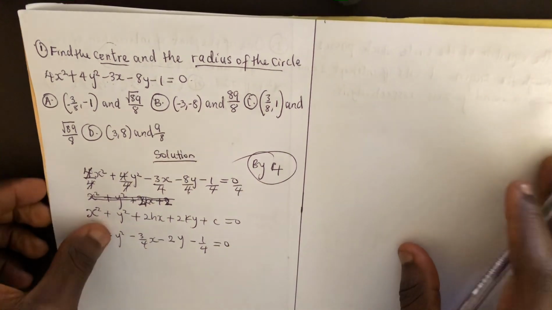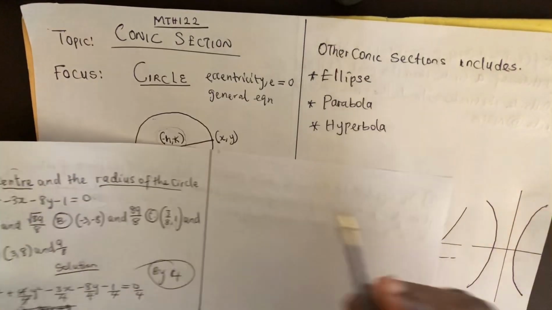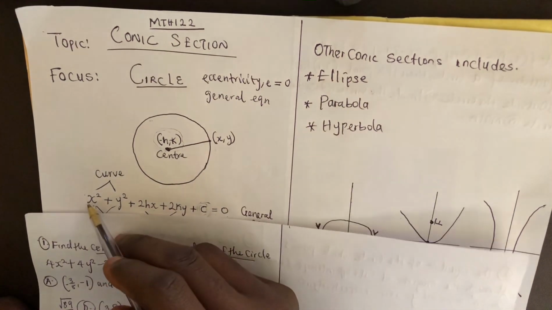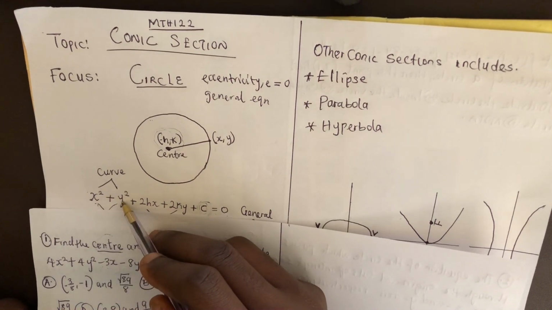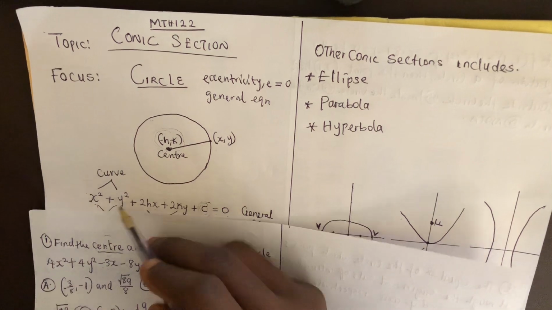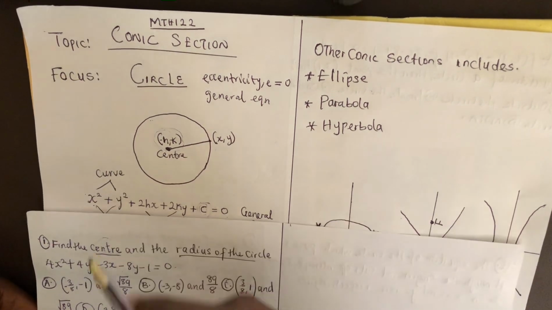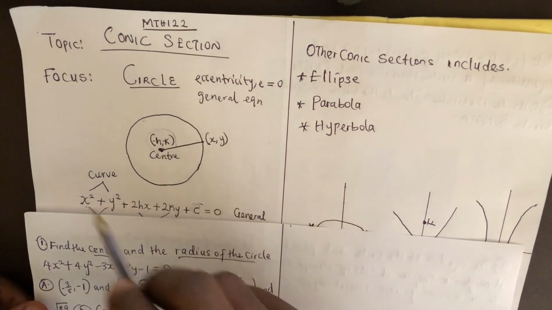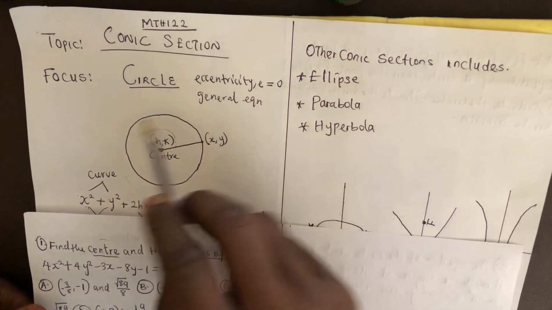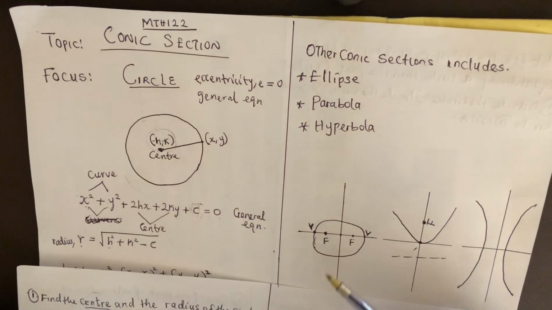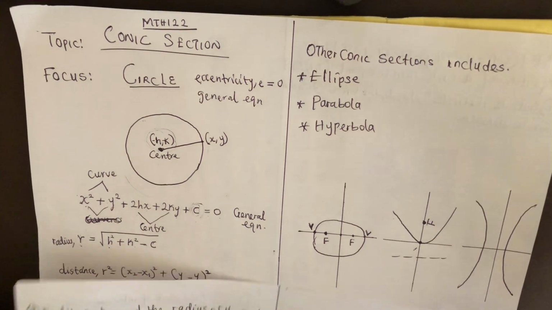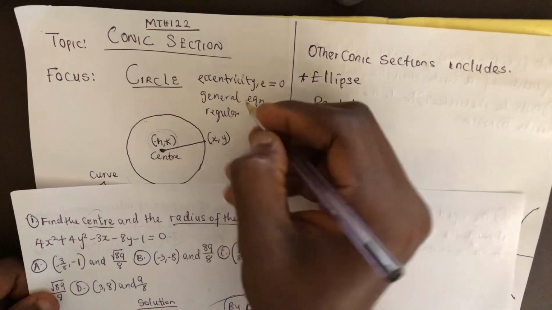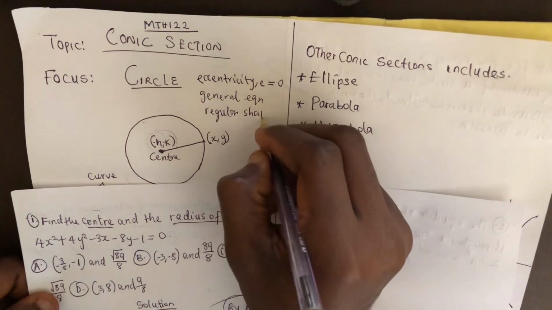Now there's one other characteristic that I forgot to mention: in the general equation of the circle, the coefficient of x squared and y squared must always be the same. Why? Because a circle has a regular shape, unlike an ellipse and the other conic sections.